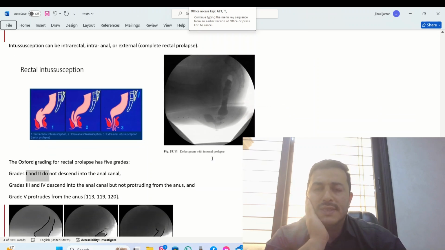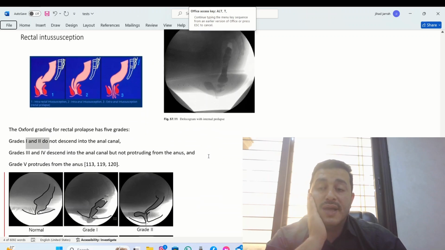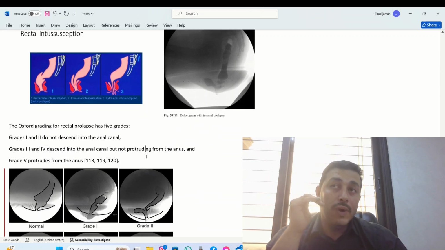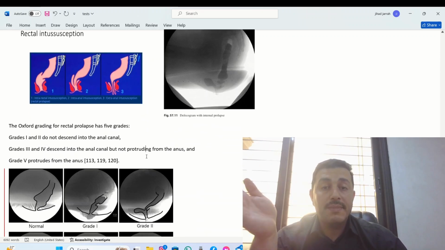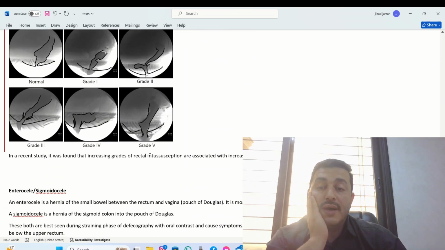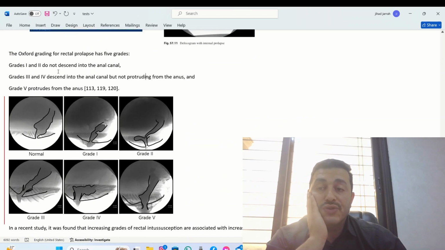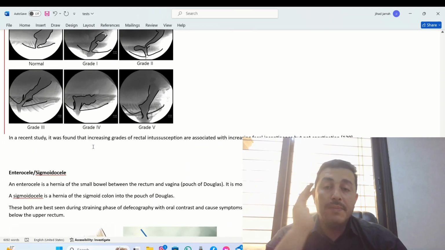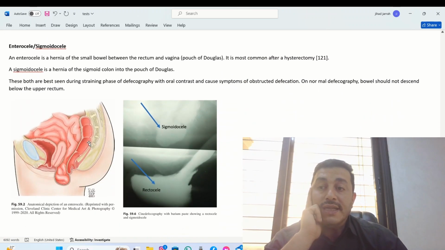We will talk about rectal prolapse in a separate lecture, but remember that when I suspect it, defecogram is one of the work-up. We have an Oxford grading system, which depends on the degree of protrusion from the anus.